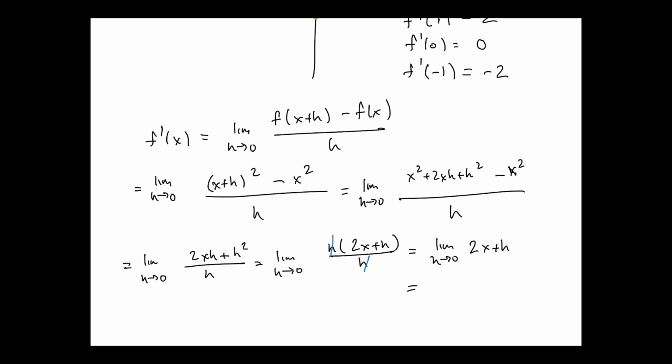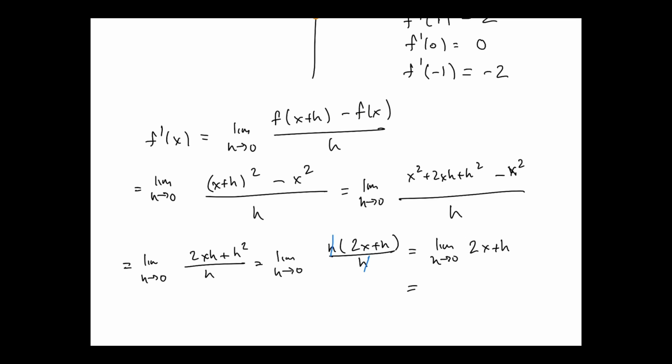Okay, now at this point we've got sort of a cognitive problem. As h approaches 0, what is 2x doing? Does 2x have anything whatsoever to do with h? No, x is a completely different variable. So as far as we're concerned, 2x is a constant when we're doing this limit.